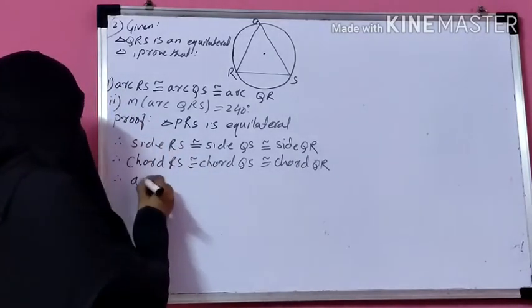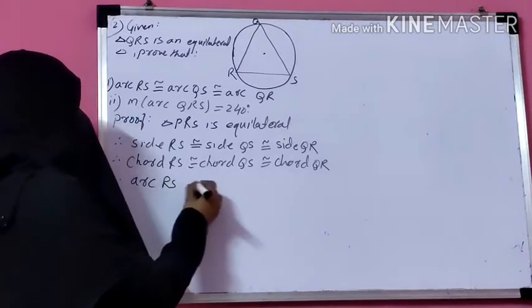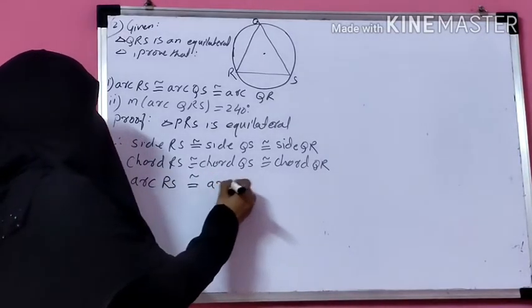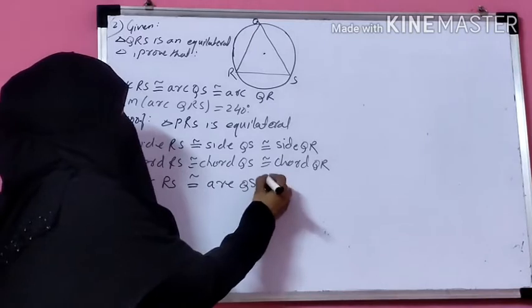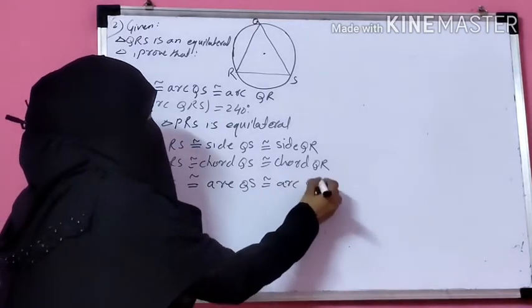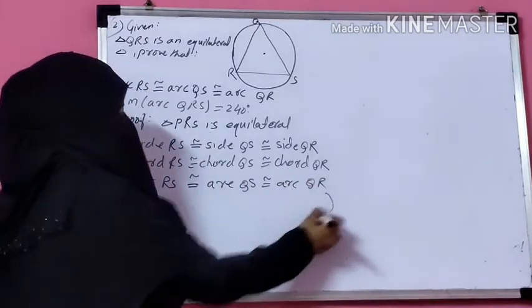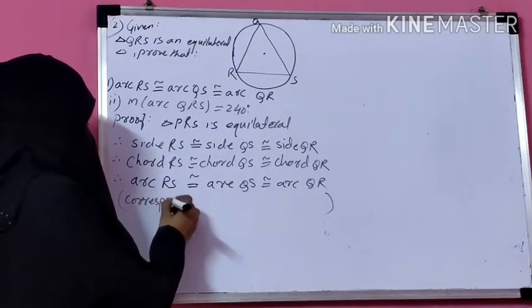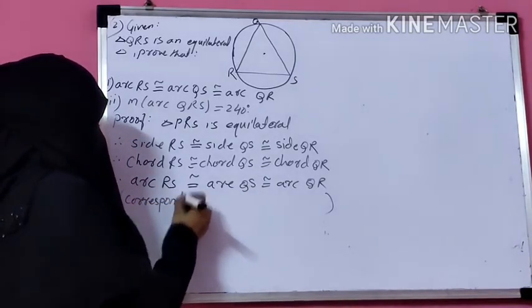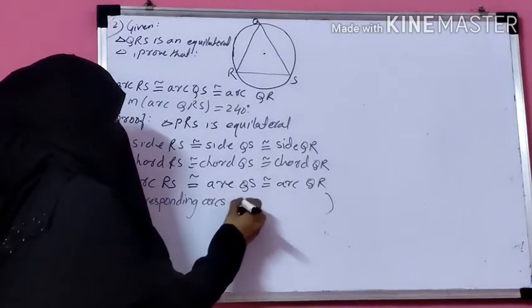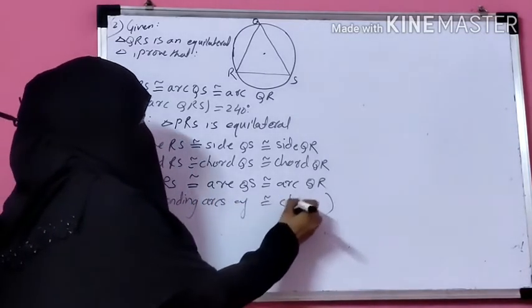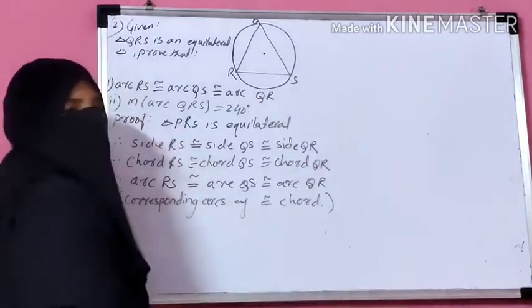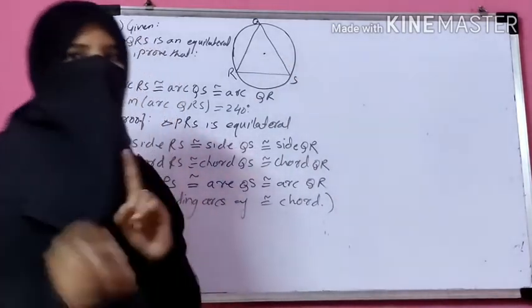So arc RS is congruent to arc QS congruent to arc QR. Corresponding arcs of congruent chords: if the chords are congruent, then the corresponding arcs are also congruent.